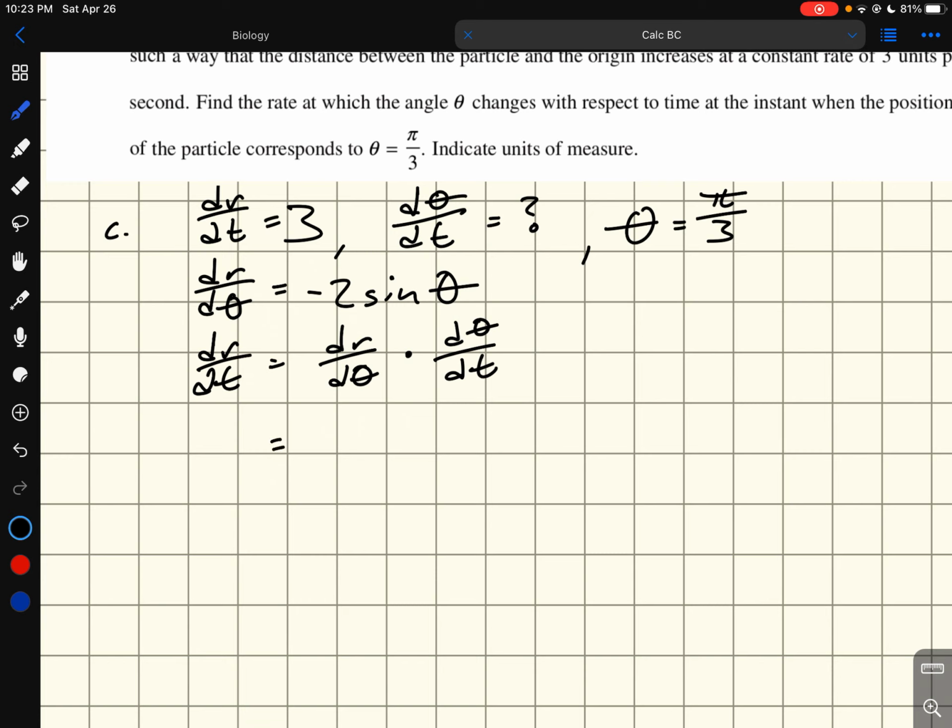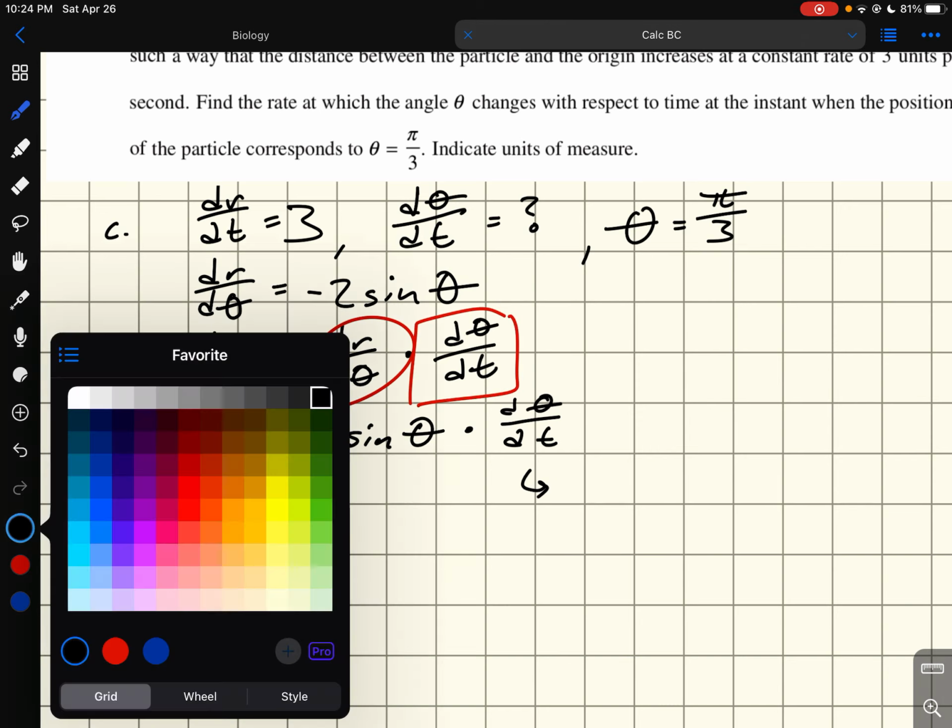Okay, now we can replace this dr d theta with -2 sine theta. And we're just going to keep the times d theta, because we want to know what d theta is. So d theta can also be rewritten, if we move this to the other side, then we would get d theta by itself.